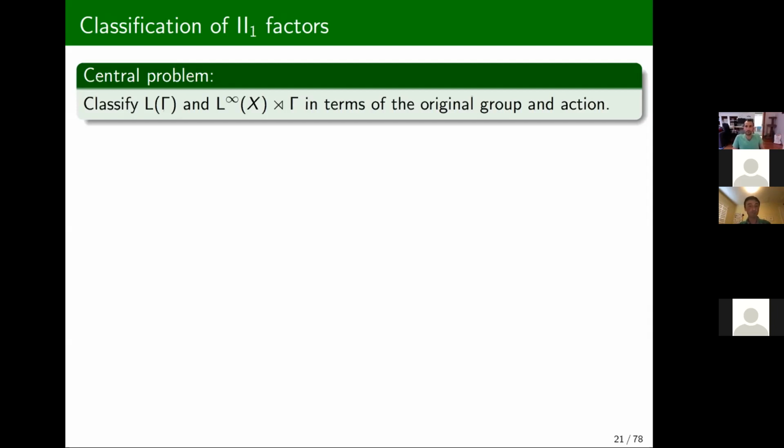Okay, so that's the motivating problem for my talk as well. I will here focus on the case of L of gamma, and I'll say a few words at the end about L infinity of X cross gamma as well. So, all right, the problem here is to understand really how much of the structure of gamma is remembered by L of gamma.